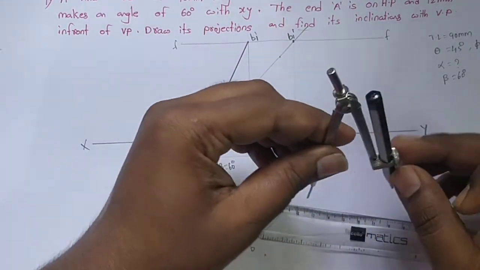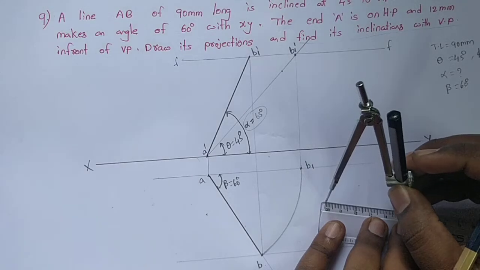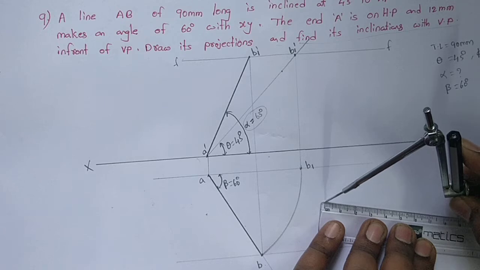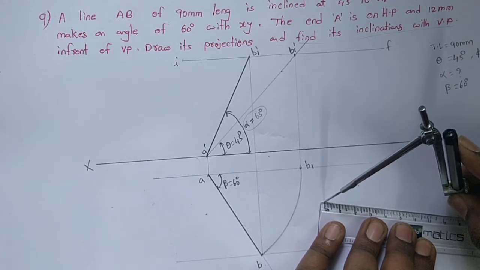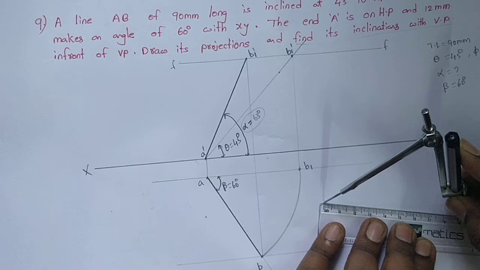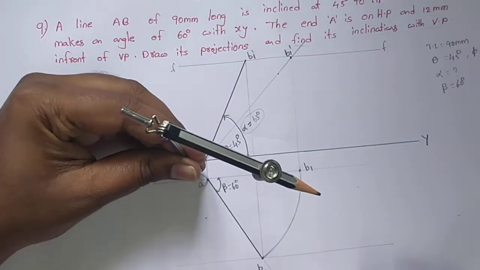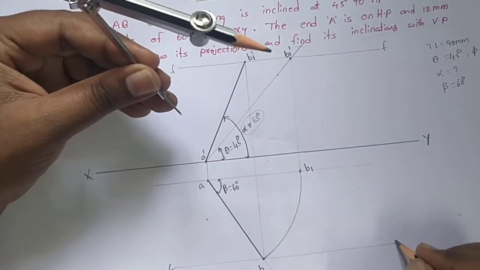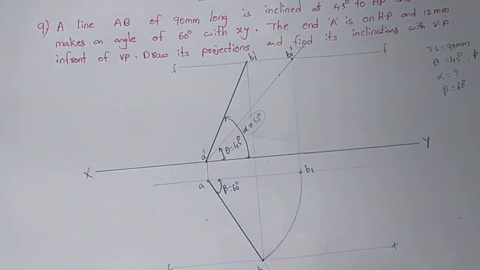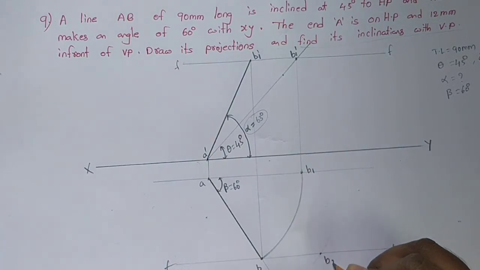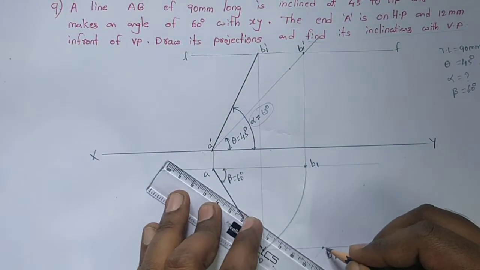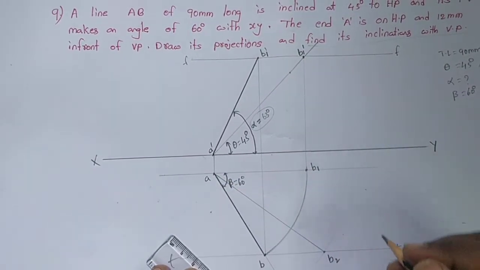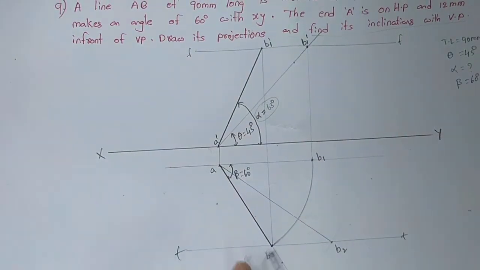With A as center, cut the top view locus. This point represents B2, so join B2 and A. We got the true length of the line.